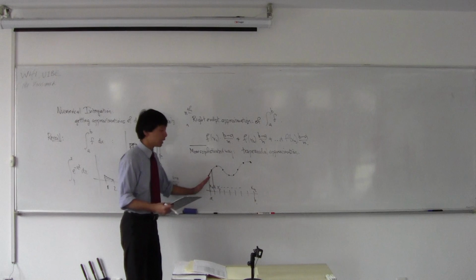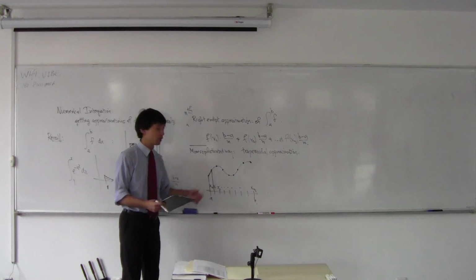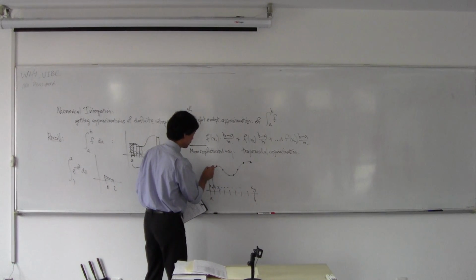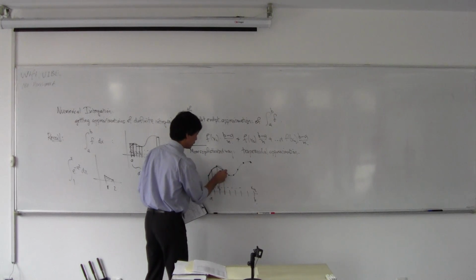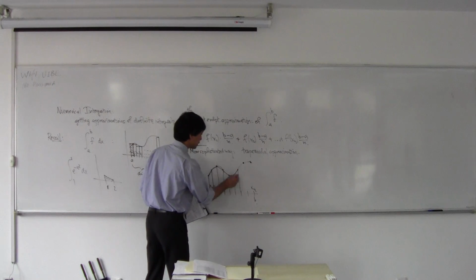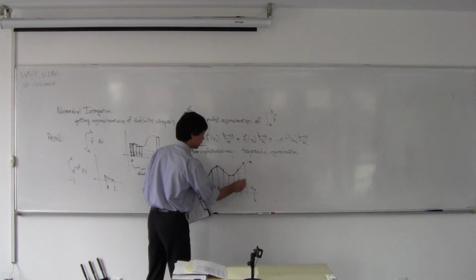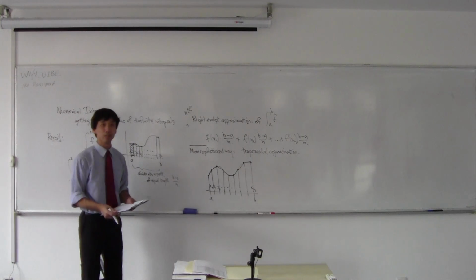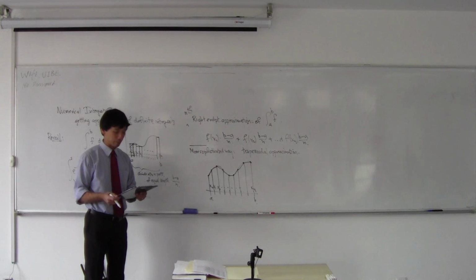So you connect the two endpoints, you get this approximation, right? And you sort of suspect that that's going to be a better approximation than the left endpoint approximation or the right endpoint approximation.